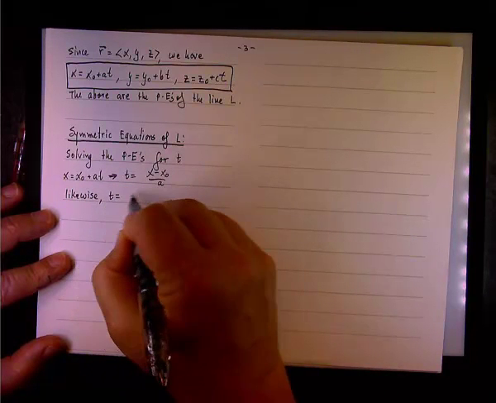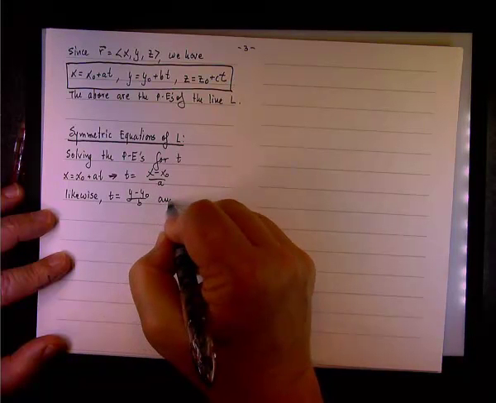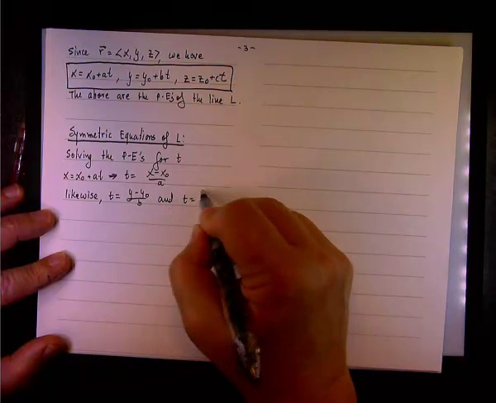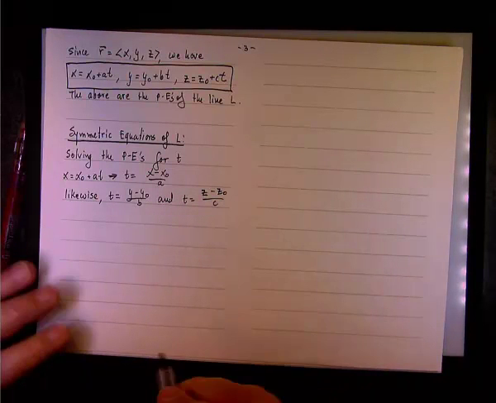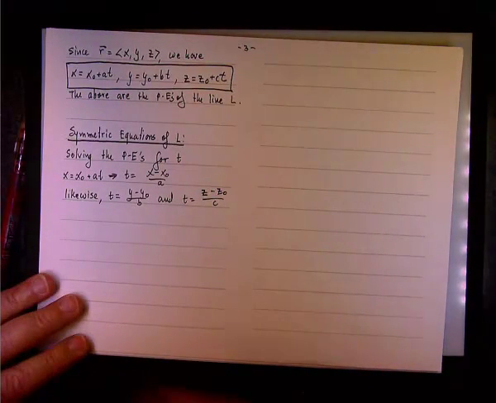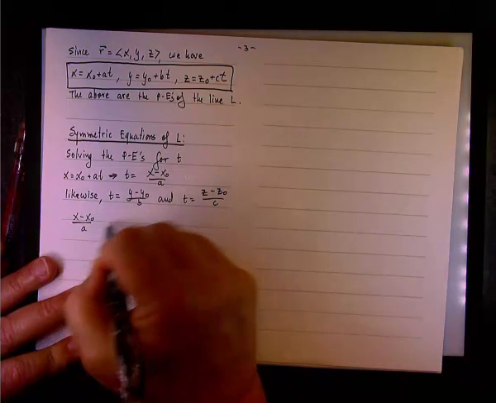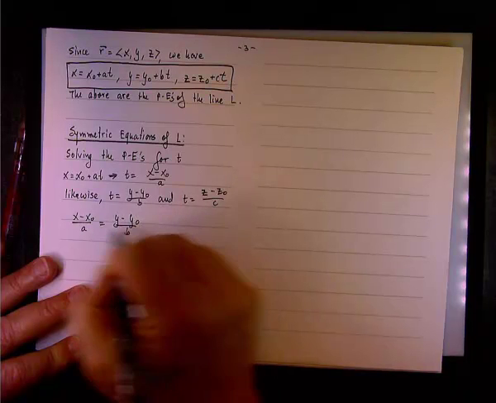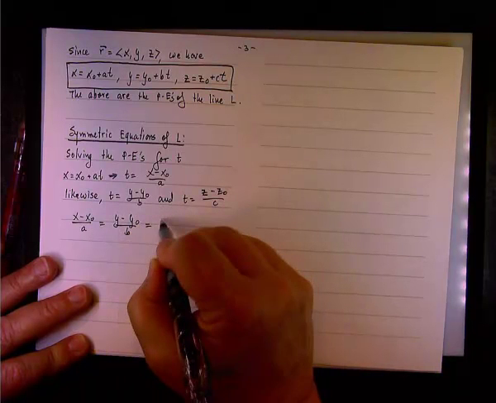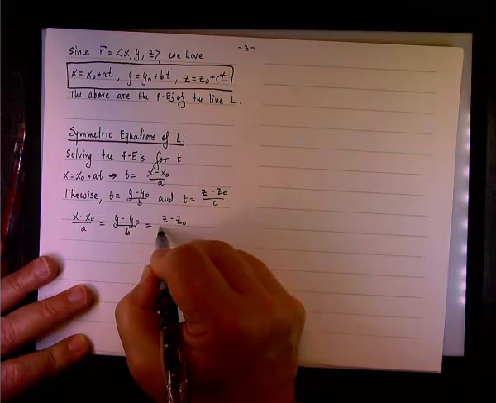Then x equals x sub 0 plus at gives a solution t equals x minus x sub 0 over a, and likewise t equals y minus y sub 0 over b, and t equals z minus z sub 0 over c.